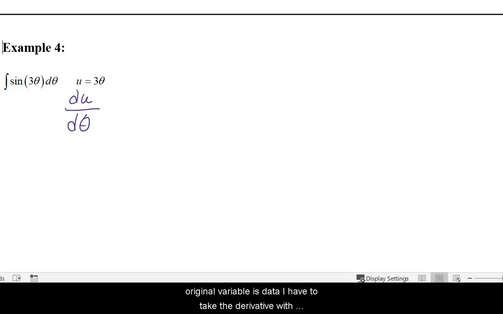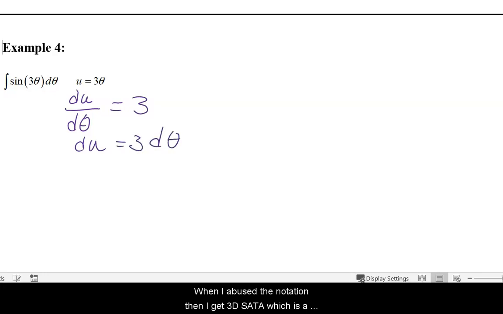Since the original variable is theta, I have to take the derivative with respect to the differential that appears in the original integral here. That's what has to be in the derivative when you apply it to u. That gives me just 3. When I abuse the notation then, I get 3 d theta, which is a pretty easy differential for du.